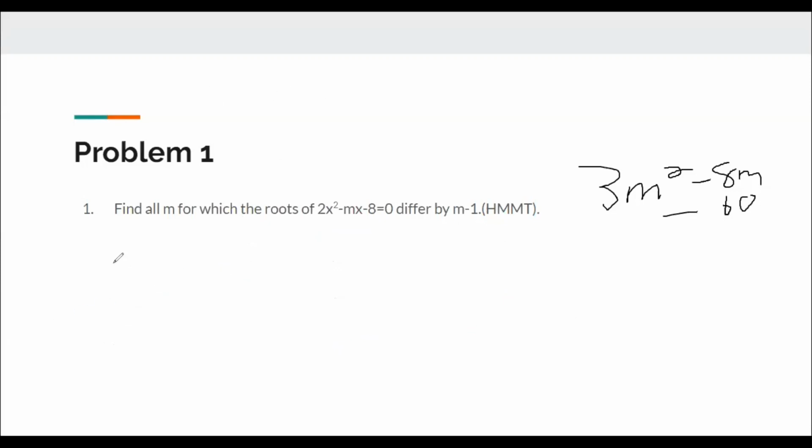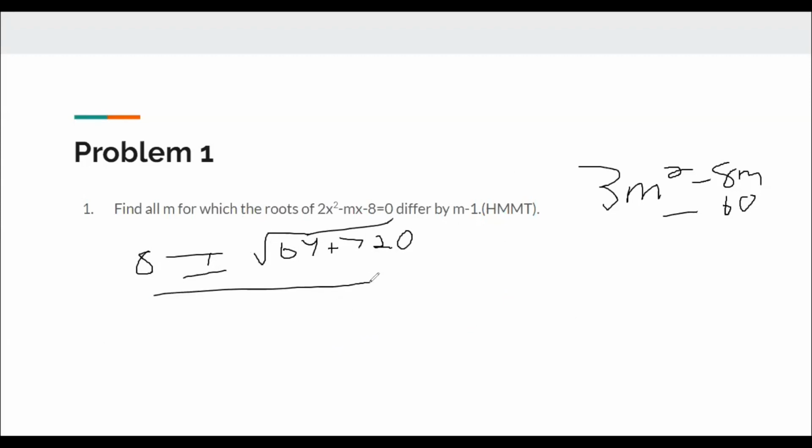Okay, so it's just going to be 8 plus or minus the square root of 64 plus 4ac in this case, because c is negative, so it's plus 720, all over 6. And so you get the square root of 784, which is 28.